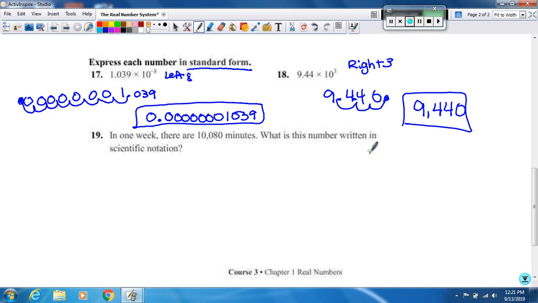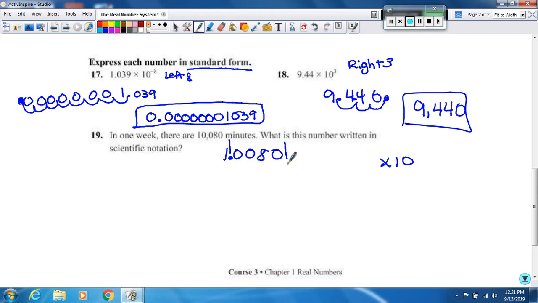In 1 week, there are 10,080 minutes. What is this number written in scientific notation? Okay, let me write this down so I can work with it without the comma. Okay, so in scientific notation, you want to write times 10. You put a decimal point after the first number that's not a 0. So right here, and you draw a line.